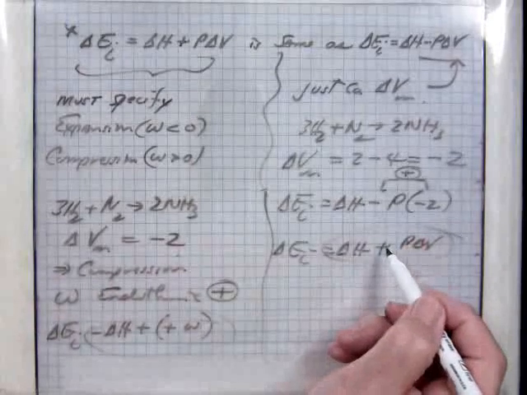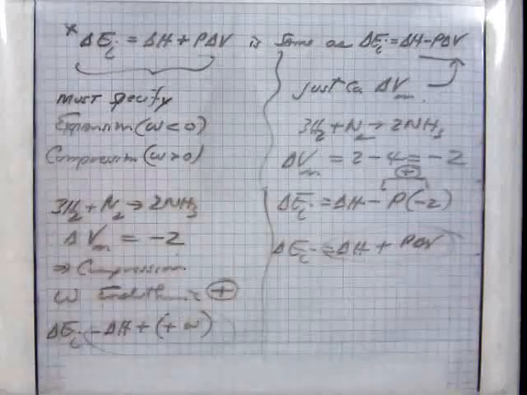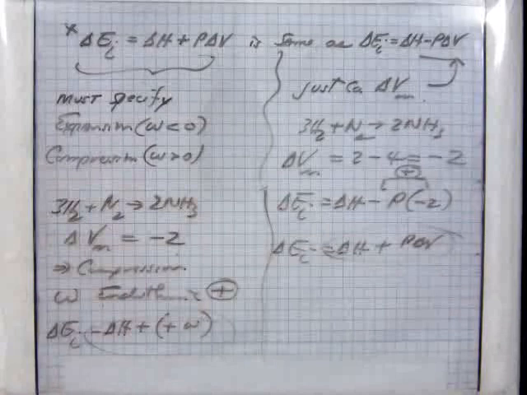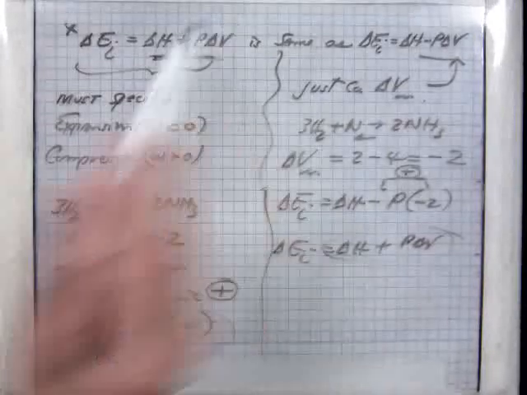Typically this shows up in engineering texts, where you look at products minus reactants and plug in the change in volume. But most chemistry college texts will give you the term here.